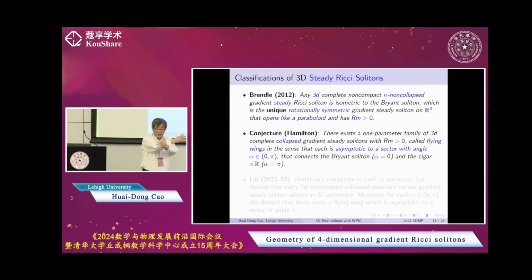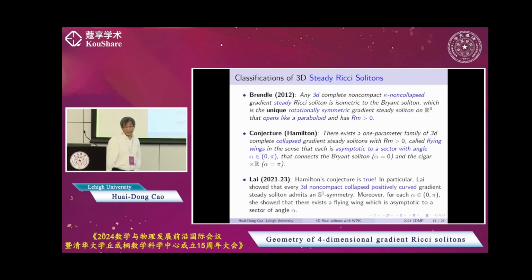But in a series of 3 papers, Brendle and collaborators confirmed that the Hamilton conjecture is true. One particularly impressive work is that she showed that every such non-compact collapsed one, with positive curvature, must at least admit the S1 symmetry. And then using S1 symmetry, you can classify: you have a family for each angle. They are asymptotic to a sector, so you have a family. So 3-dimensional is also now understood.